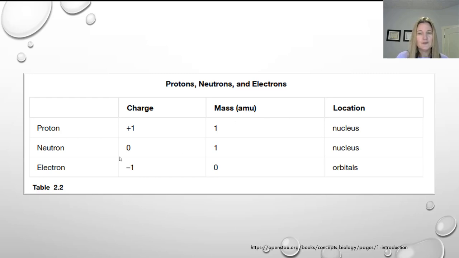Okay, so from this table, we can see that the protons and the neutrons are found in the nucleus of the atom, the center part of the atom, and that's where the mass is. And then that positively charged proton and neutrally charged neutron are in the center, and then the electrons are circulating in the orbit surrounding the nucleus with a negative charge.